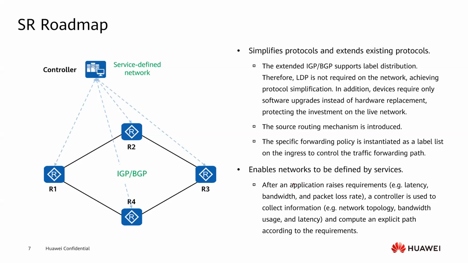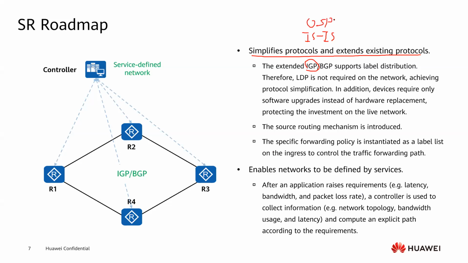Okay, so let's look at how SR solves the problems that we just mentioned. First, SR will simplify the protocol and extend the existing protocol. SR extends the IGP protocol, which is IS-IS and OSPF, of course.